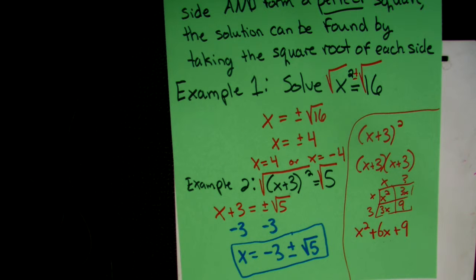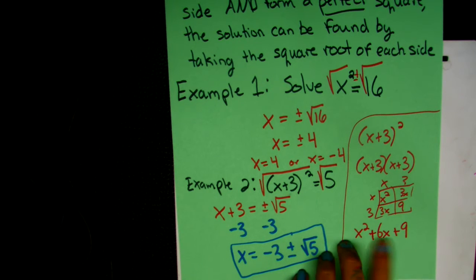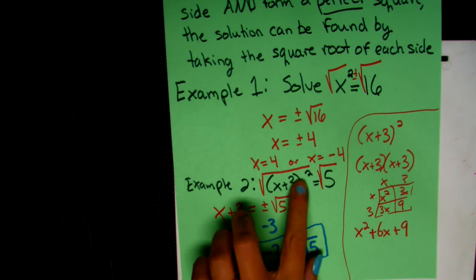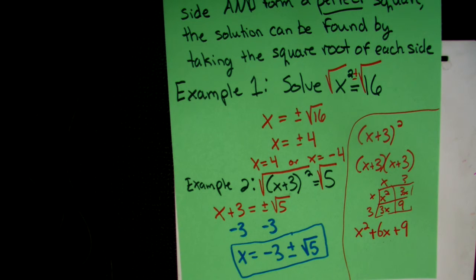Doing that is a process called completing the square. So sometimes we're given a trinomial, and if it doesn't become a perfect square, we're going to have to make it become a perfect square. And we're going to do that in a process called completing the square.